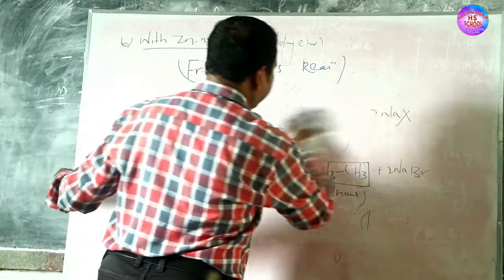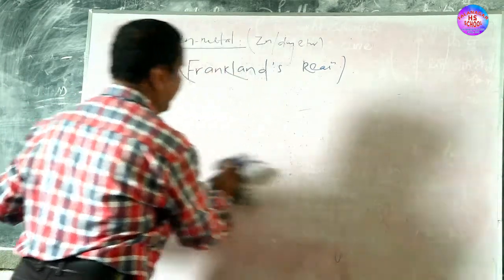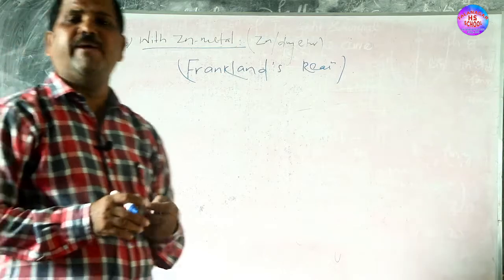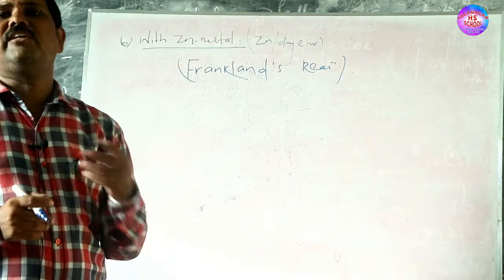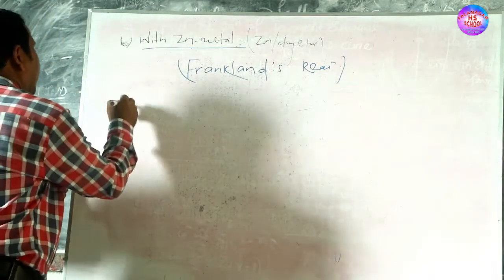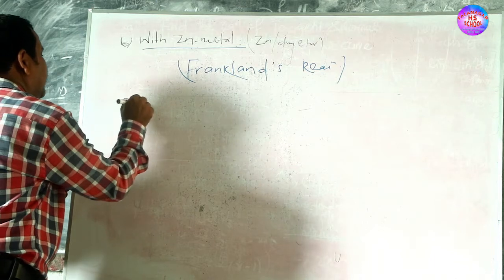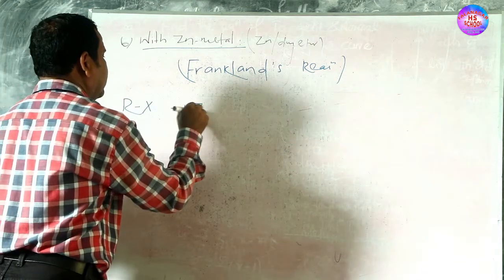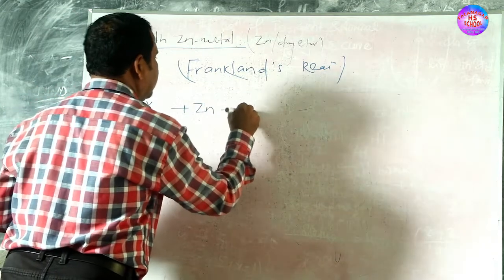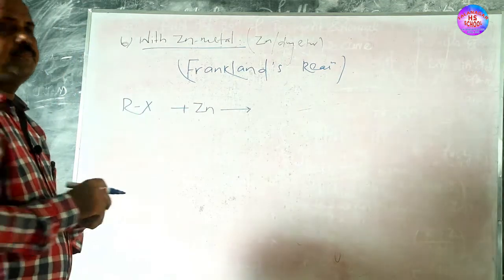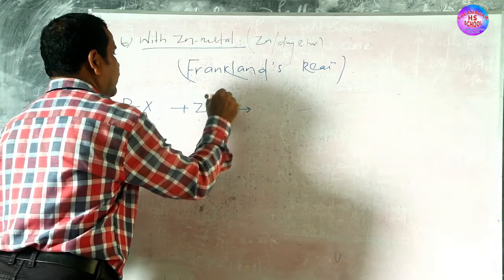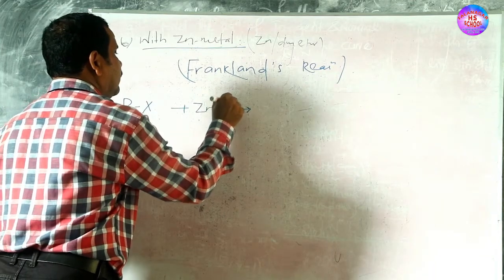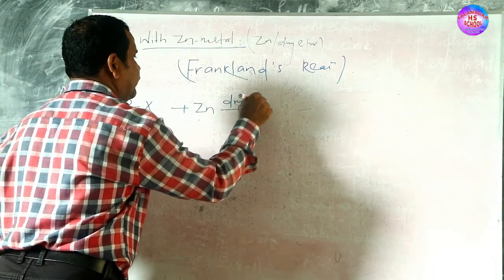In this reaction, alkyl halides react with the zinc metal in presence of dry ether. Alkyl halide means R–X plus zinc metal. The reaction occurs in presence of dry ether.